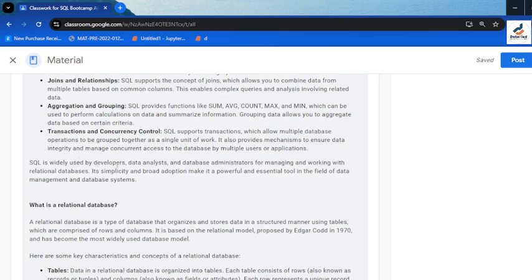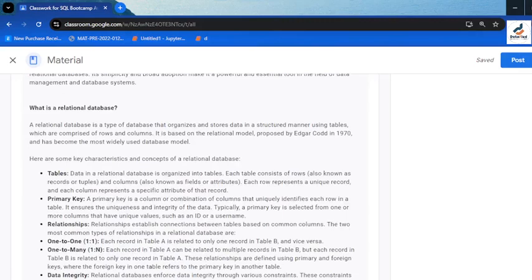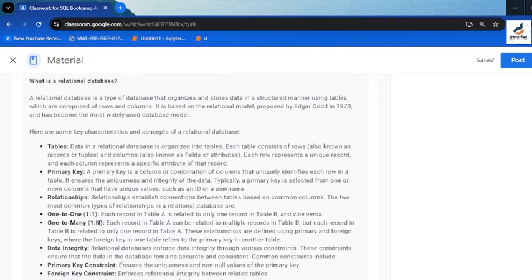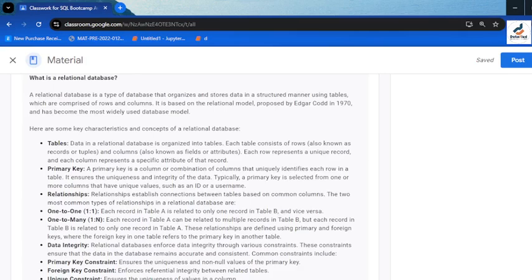SQL is widely used by developers, data analysts, and database administrators for managing and working with relational databases. Now, what are relational databases? We've been talking about it. We say a relational database is a type of database that organizes and stores data in a structured manner, using tables.